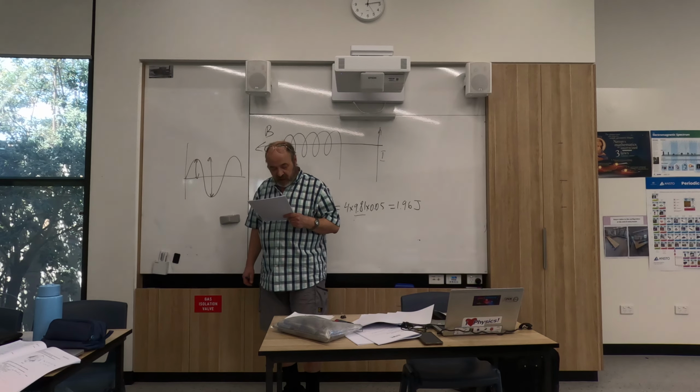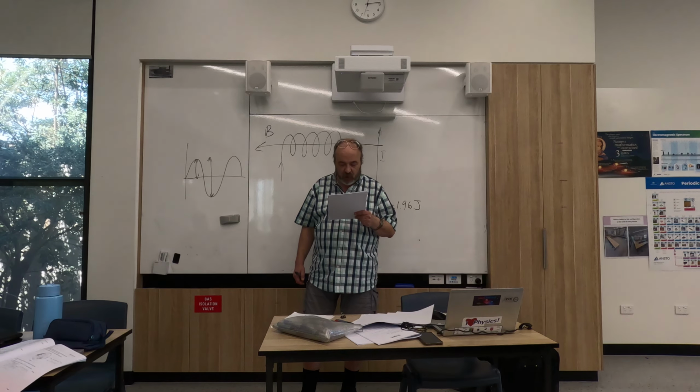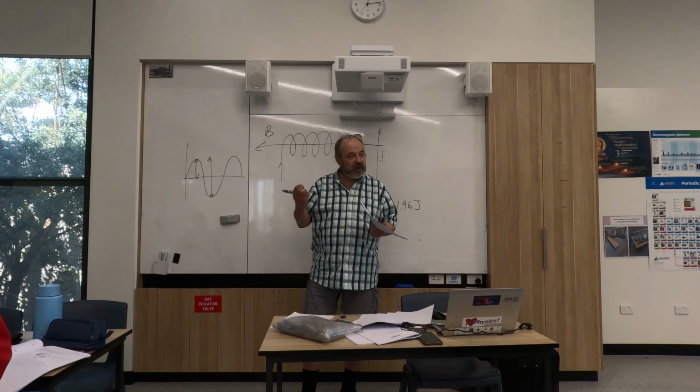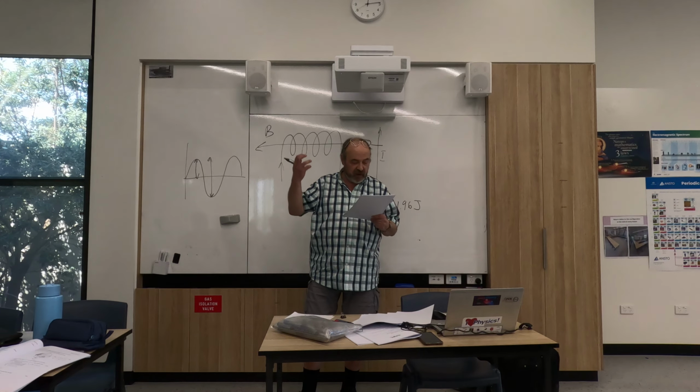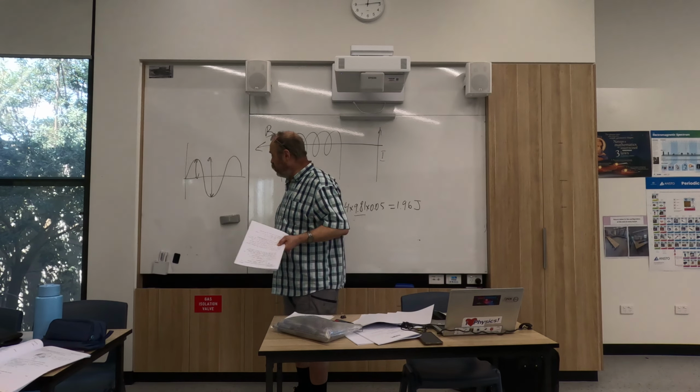But it's not clear whether the bouncer was lowered from the unstretched position or from the position where the spring was already stretched by the mass of the bouncer. Because the bouncer has mass, it will stretch the spring. As it was not clear, I accepted both solutions.